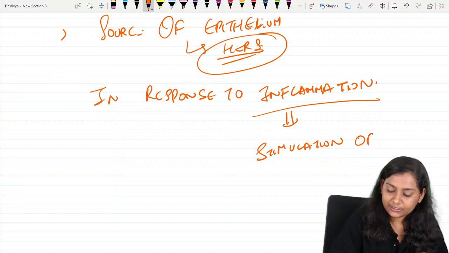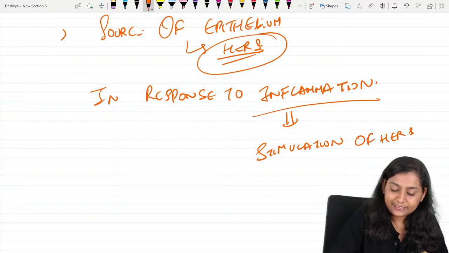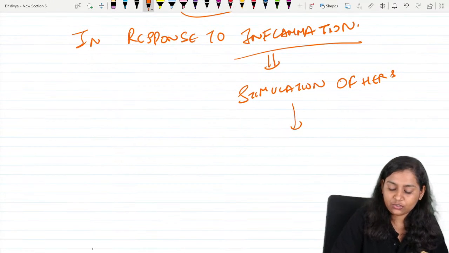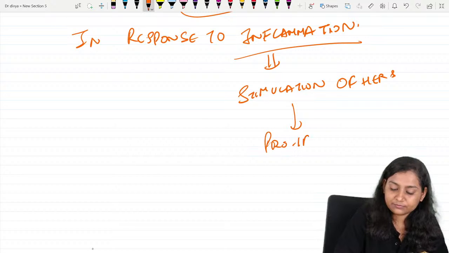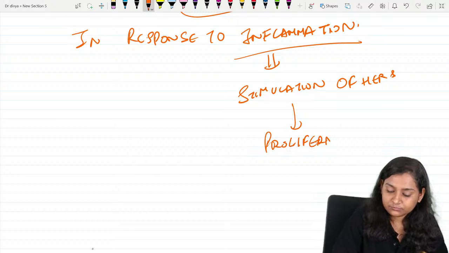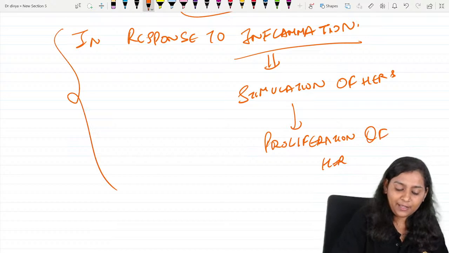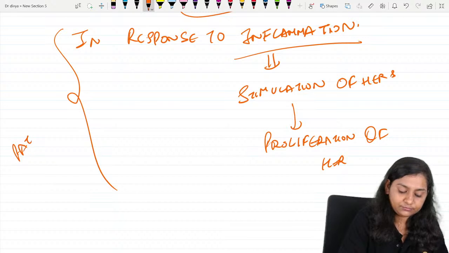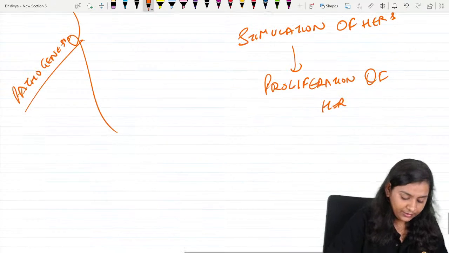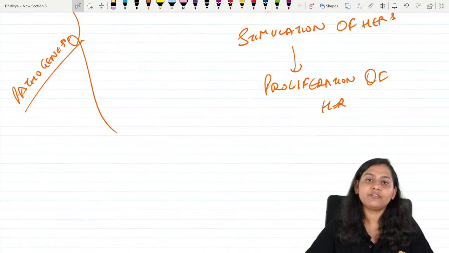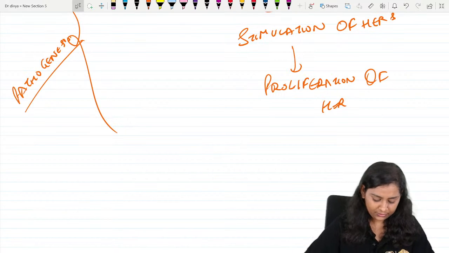This HERS will get stimulated, leading to the proliferation of HERS. So this is the pathogenesis of radicular cyst. That means some inflammation has to be there for radicular cyst.